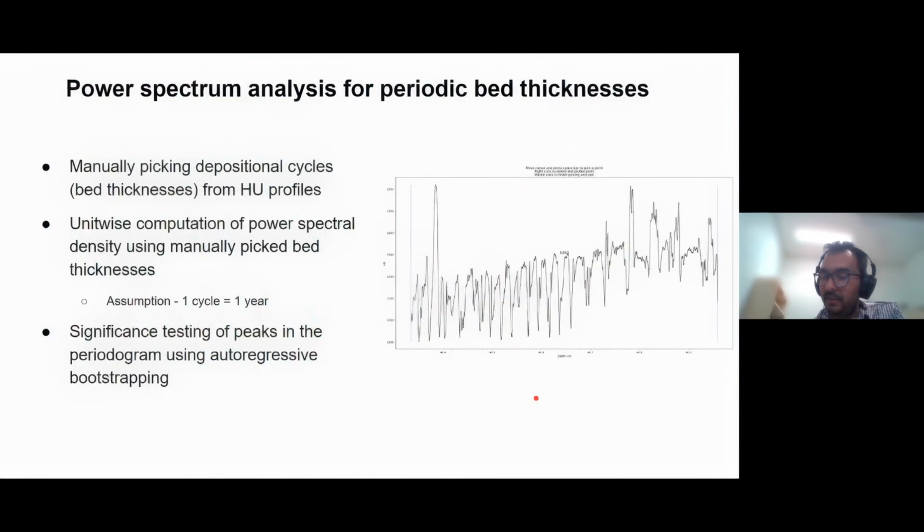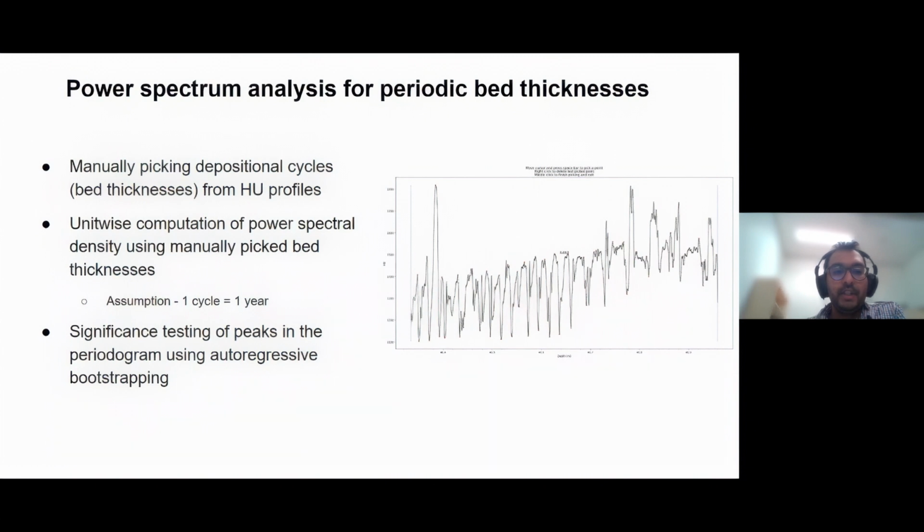So in the very first step, we did a power spectral analysis for periodic bed thicknesses. What we did here was we picked the peaks and the troughs in the HU profiles. We did this manually, and then we considered the distance between two adjacent troughs or minima to be 1 cycle of deposition or 1 year of deposition.